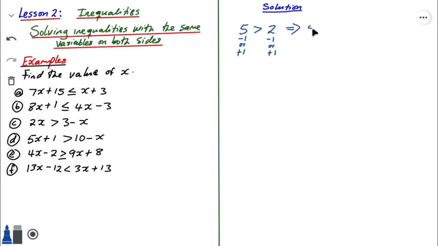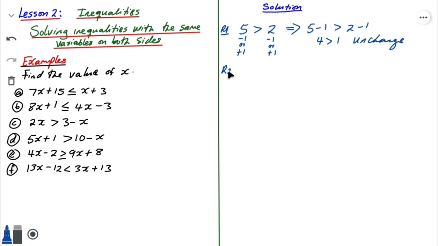That is, if I have 5 minus 1 greater than 2 minus 1, I'm going to have 4 greater than 1. My inequality remains unchanged. That's rule 1.